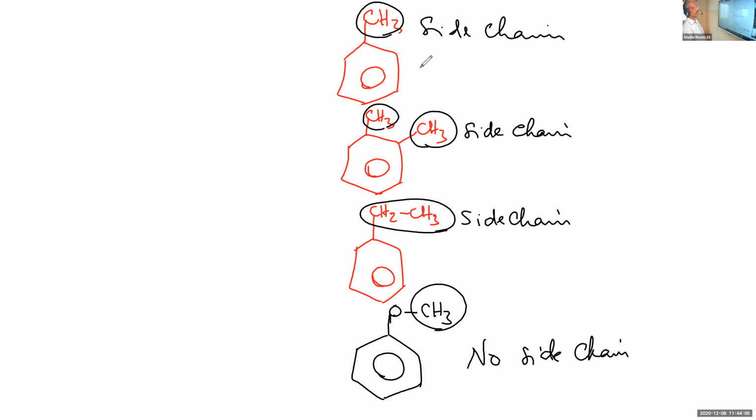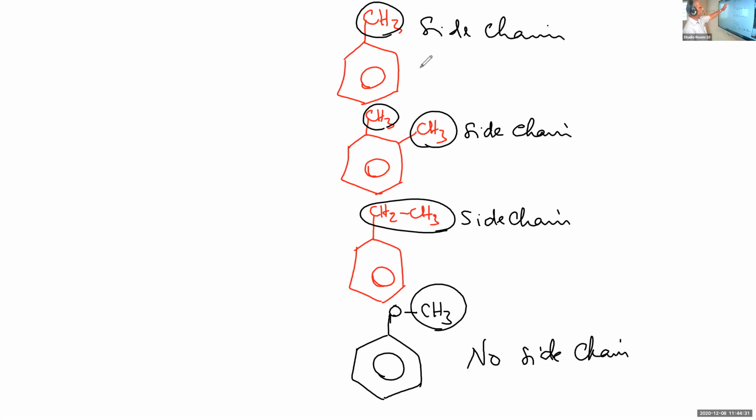In the first compound, the CH3 group is a side chain. In the second compound, the CH3 groups are side chains. In the third compound, CH2CH3 is also a side chain. But in the fourth compound, OCH3, there is a CH3, but that CH3 is not a side chain. Why?